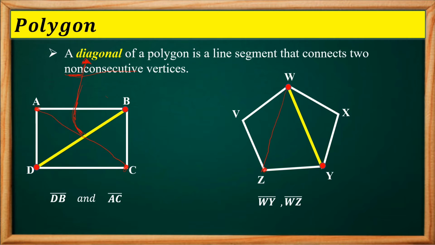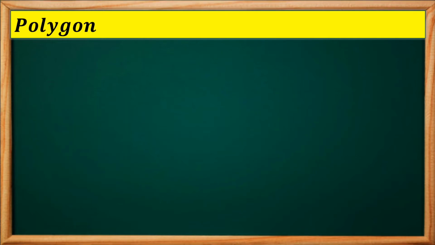How about if we have here point V? What would be our diagonal? We have VX and VY. And also, if we have point X, we can have XV and XZ. Okay, we have also Y. Those are the vertices.